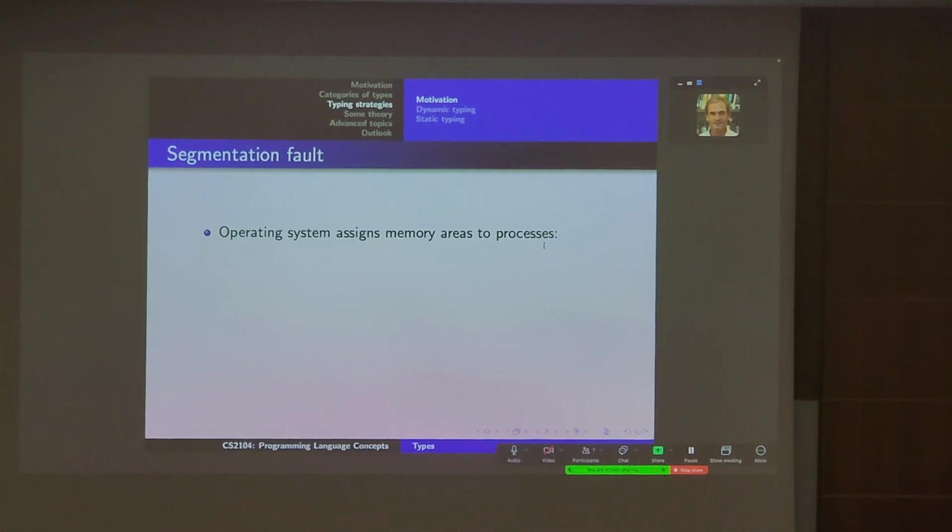But the good thing is that today's operating systems have provision for this, and they prevent these bad things from happening. That means they segment the memory into nice areas, and they allocate for each process which area in memory they can manipulate. Not only that, they can also specify which area of that memory is read-only and which area can be written to.